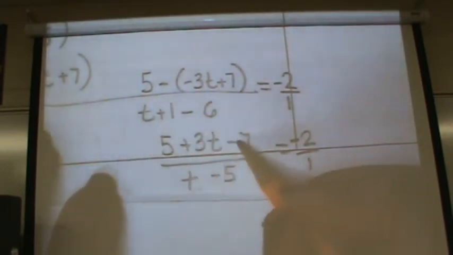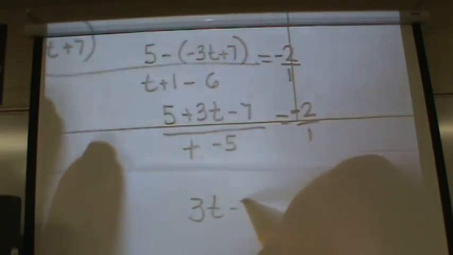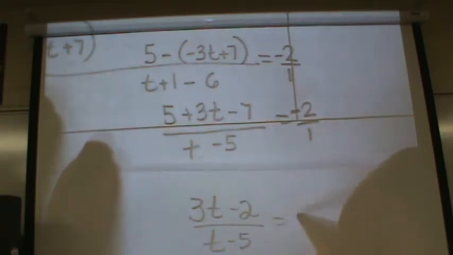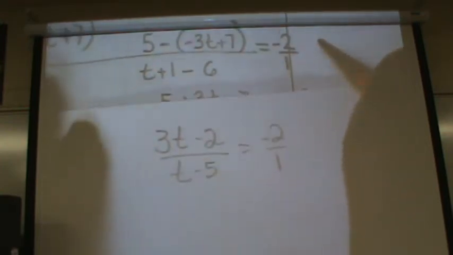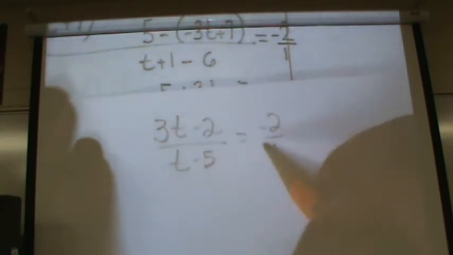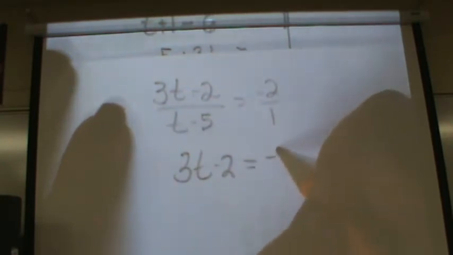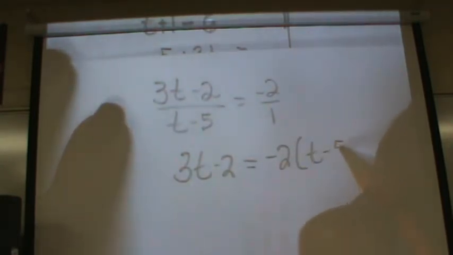Well, actually, you can add these two together first. So this is 3t minus 2 over t minus 5. And now cross multiply. Negative 2 times this, and this times this. So 3t minus 2 equals negative 2 times t minus 5.